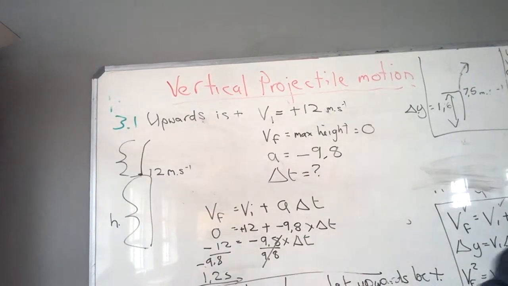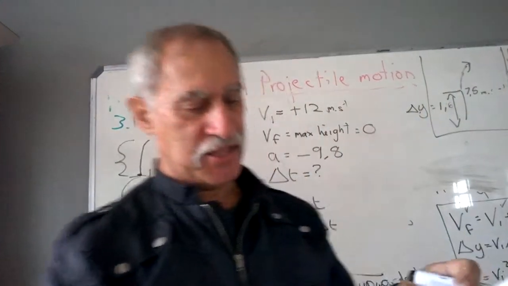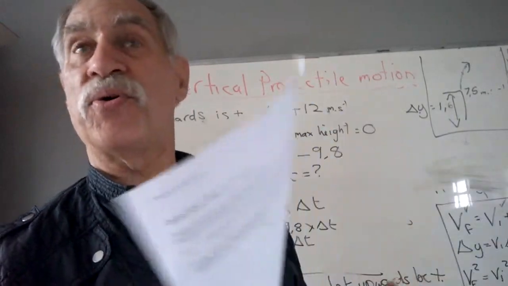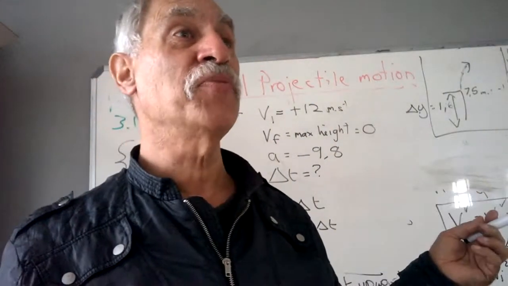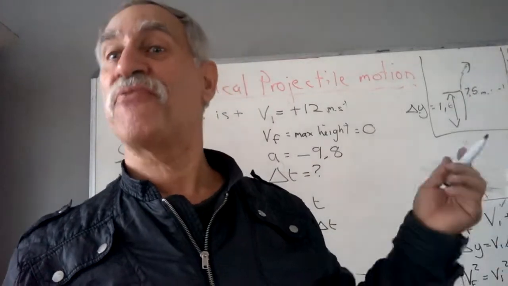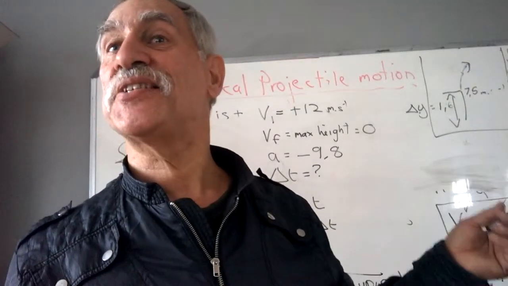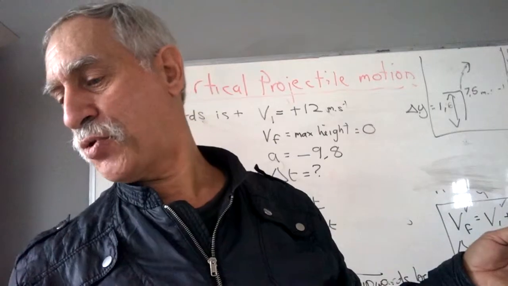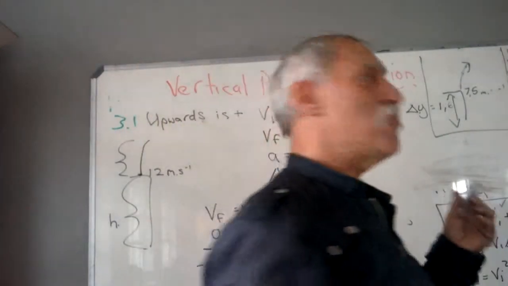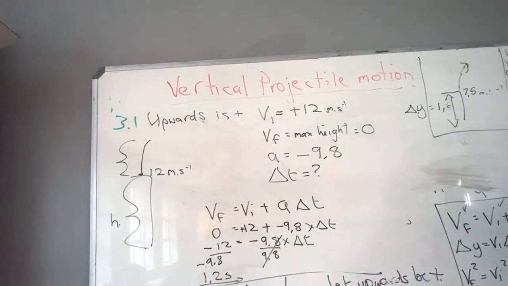Okay, so V final at the apex is 0. So then the question becomes, calculate the time taken for the ball to reach its highest point. What formula are we going to use? The first one. How easy peasy is that? And that is for 3 marks and 2 marks, 5 marks of a final exam. So let's write it.